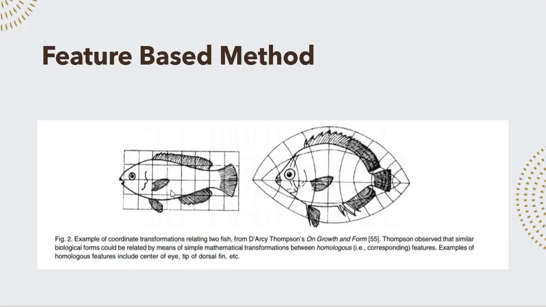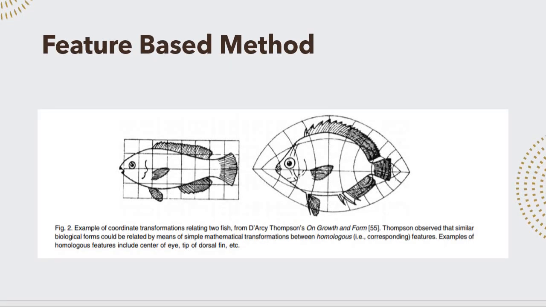Here we have considered two fish. As features, we take the eyes and the tips of the fins. On the basis of these features, we compare the images and try to identify whether both objects are the same or not.